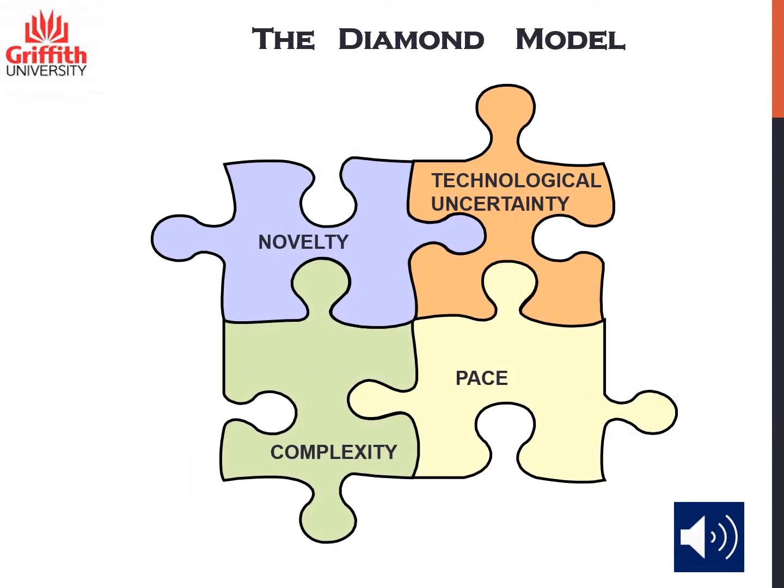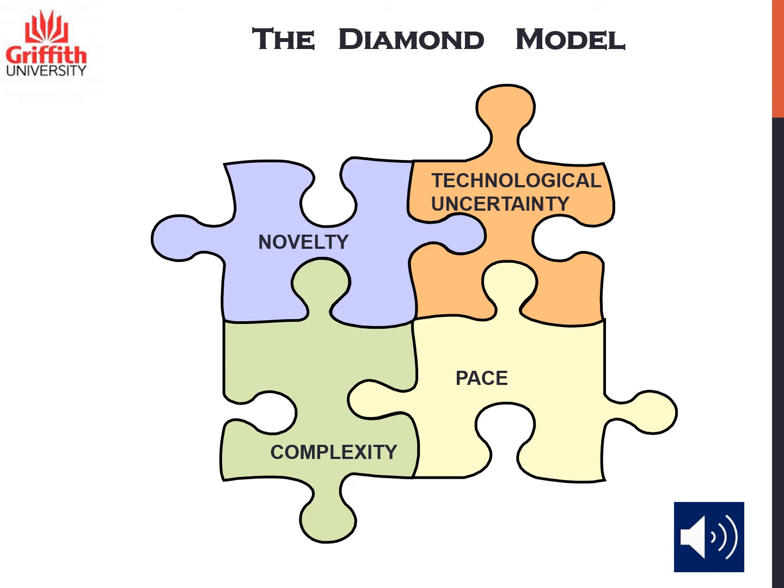The diamond model then has 4 dimensions: novelty, technology, complexity, and pace. Novelty indicates how new the project's product is to the customers and how clear and well defined the initial product requirements are. Technology is determined by how much new technology is required in order to develop your project.